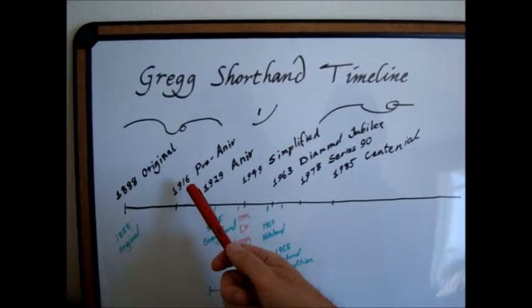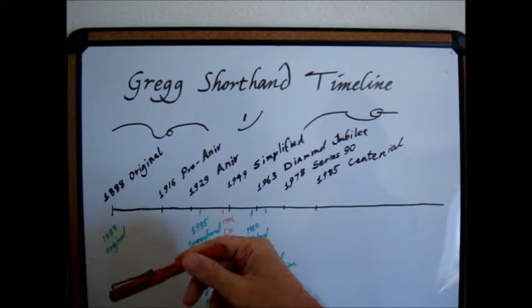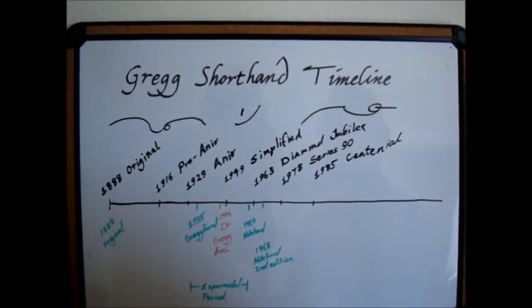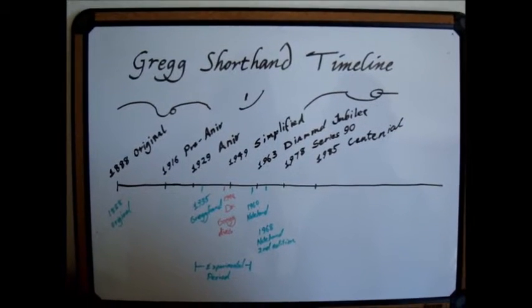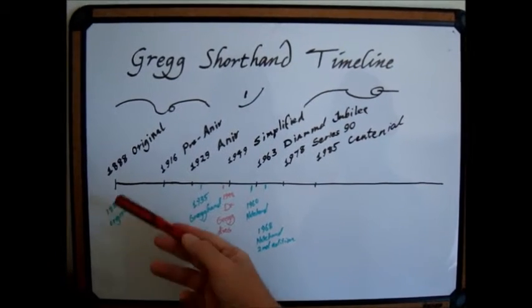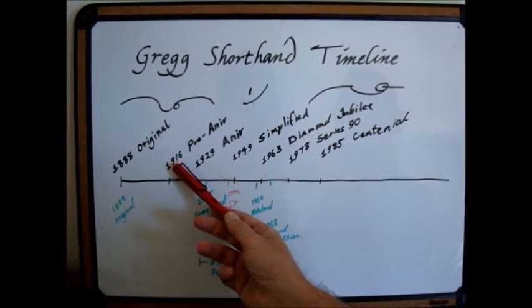This black timeline, these are the ones that actually caught on very well and made Gregg very famous, and they're focused on the office use of Gregg Shorthand and using Gregg Shorthand for dictation, being able to write as quickly as people speak. So there was a big development in speeding things up between 1888 and 1916.